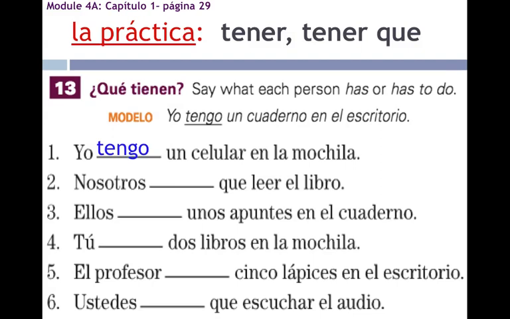Número 2. Nosotros que leer el libro. Nosotros tenemos que leer el libro. ¿Qué significa en inglés? We have to read the book. 3. Ellos unos apuntes en el cuaderno.